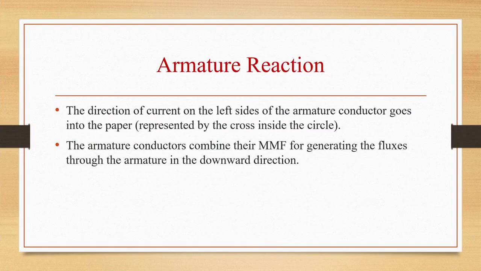The direction of current in the conductors on the left side of the armature goes into the paper, so it is represented by a cross. Into the plane of the paper is represented by a cross, and out of the plane of the paper is represented by a dot. So the armature conductors combine their MMF to generate flux through the armature in the downward direction.